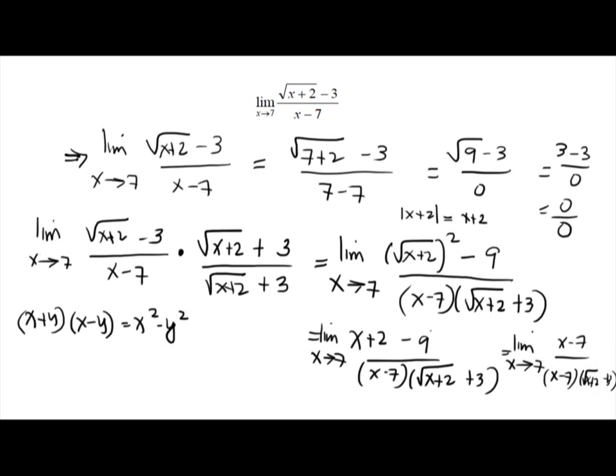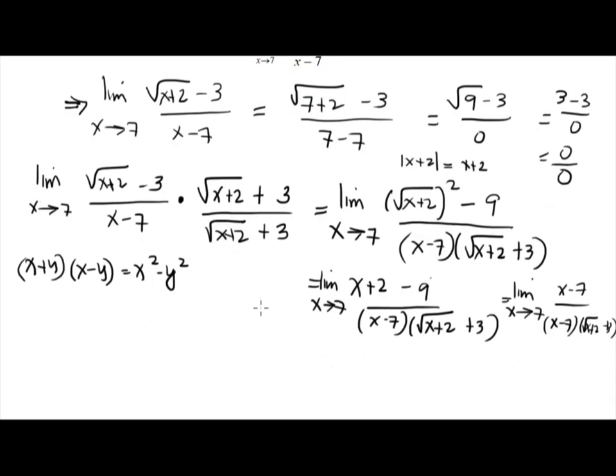X plus 2 minus 9 is x minus 7. As you can see, you have x minus 7 and x minus 7 that can be cancelled out. So this becomes limit as x approaches 7 of 1 over the square root of x plus 2 plus 3.